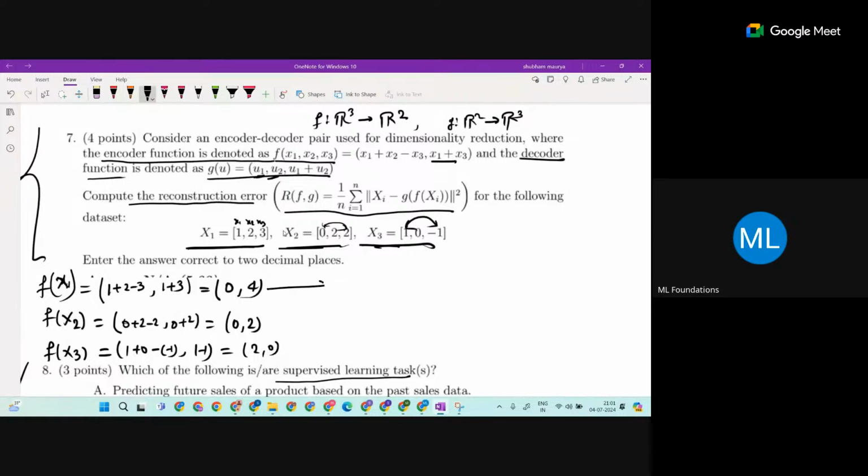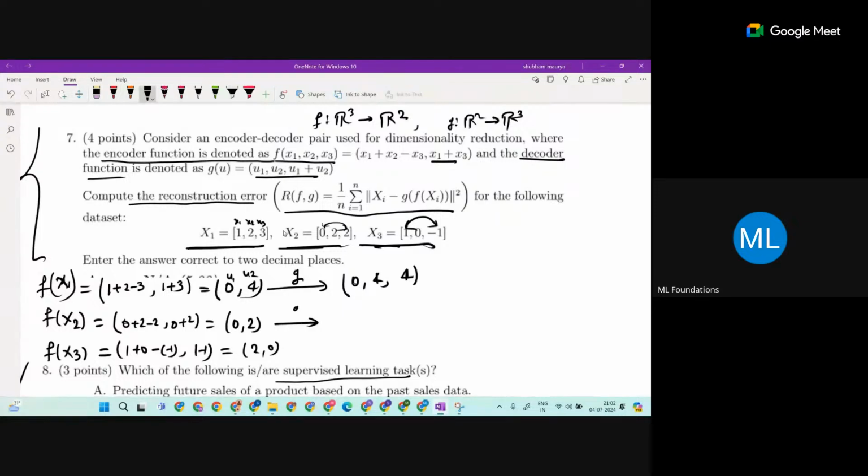Now apply here G and try to decode this. Here is G. If you see, this is our U1, this is our U2. So if we try to decode this, the vector we will get here is 0, 4, and added would be 0 plus 4, 4.